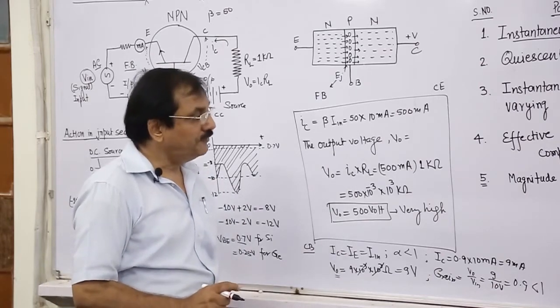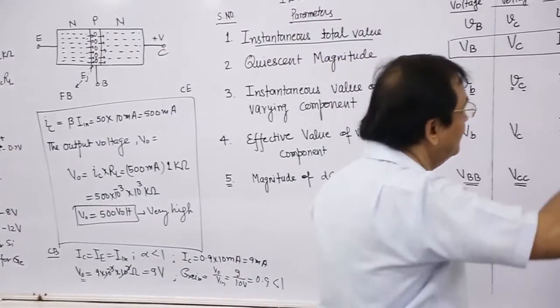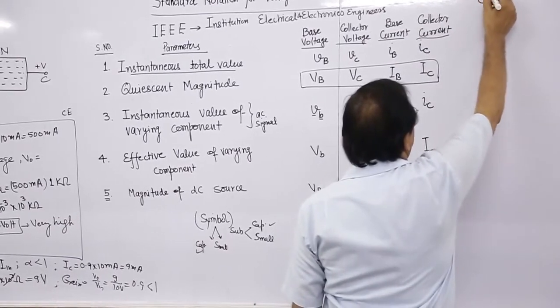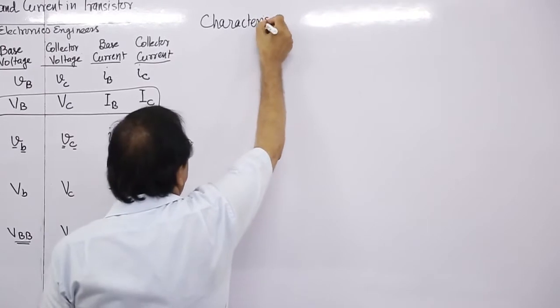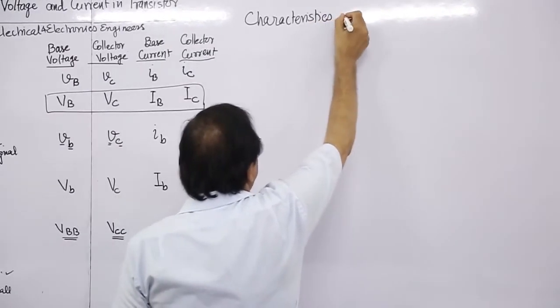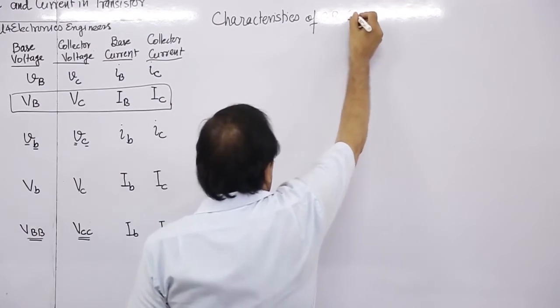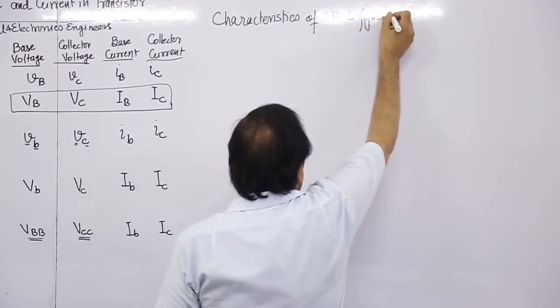Now we can draw the characteristics. Characteristic of CB configuration.